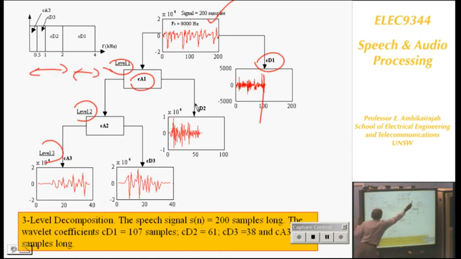That's level 1. And then I took this part only, and I divided them into 1 and 2. That's that part and that part and that part. And then I divided this further, I got that and that.